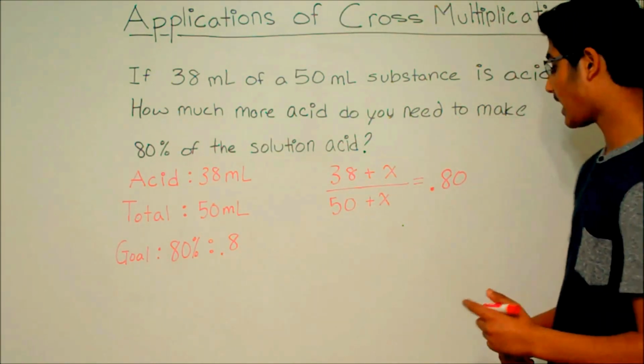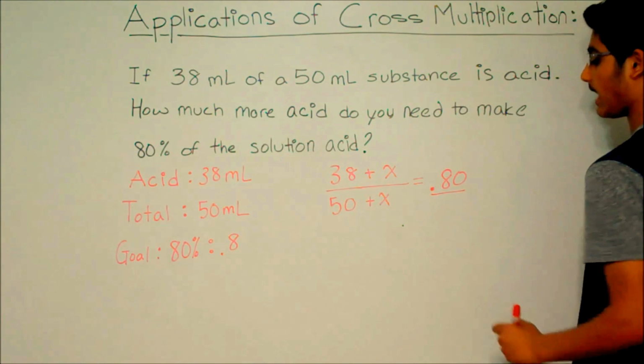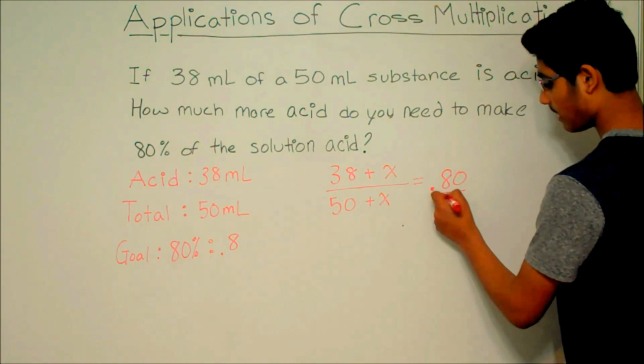Here's where cross multiplication comes in. We know that 0.80 or 0.8 is over 1.